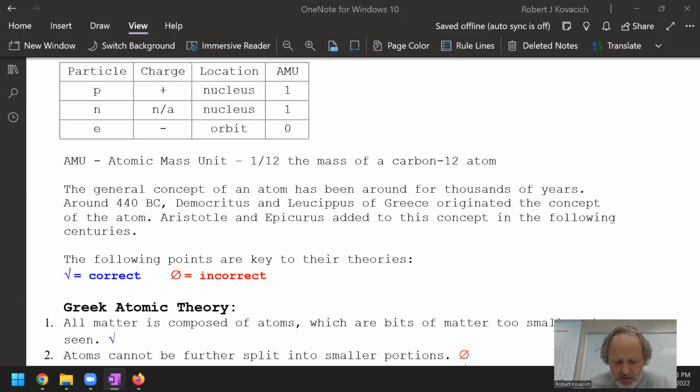Leucippus was Democritus' teacher, but Democritus is the one that seems to have written the most about it, definitely. And I think it was more Democritus bouncing ideas off of Leucippus, coming up with this idea of the atom. The other people who you can lump in with this idea would be Aristotle.